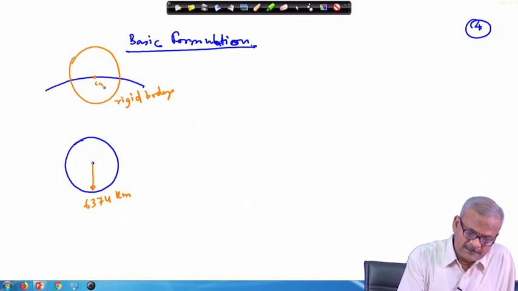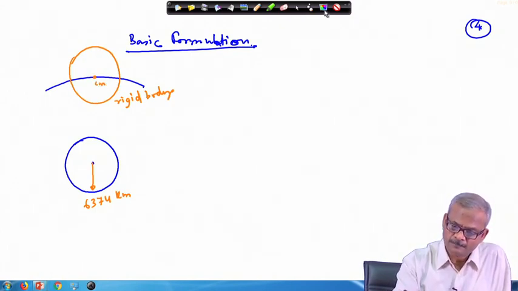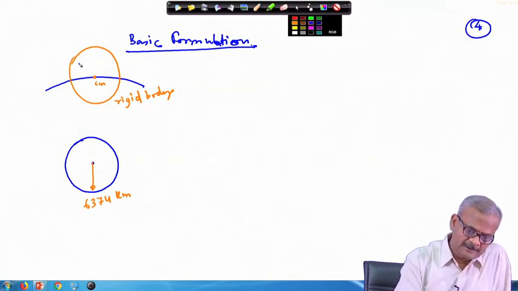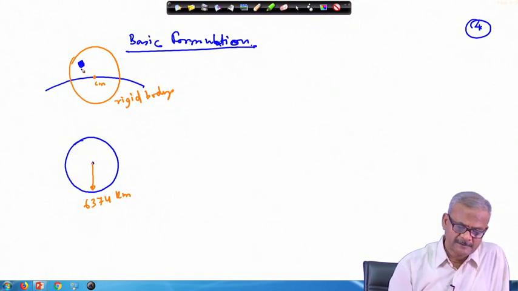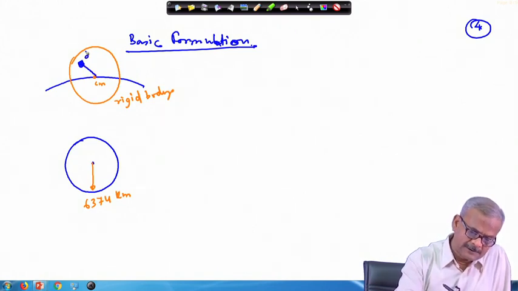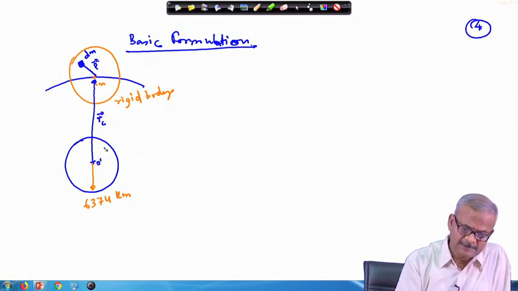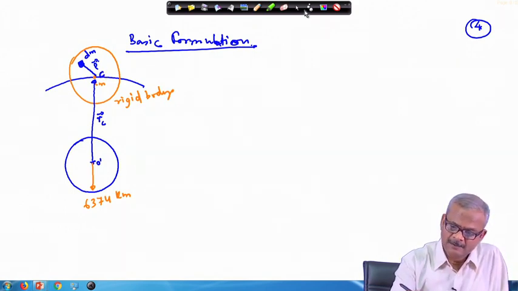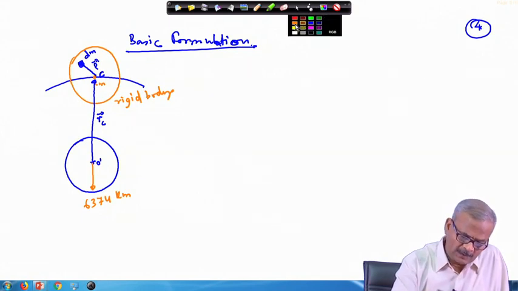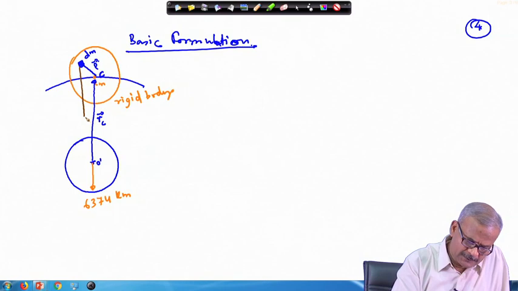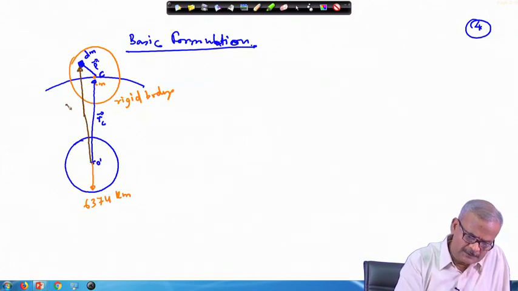So, this is the center of mass of this satellite. We take a small mass inside this satellite and say this mass is d m, this vector we write as rho, and the vector from the center of the earth to the center of mass of the satellite we write as r c. This point we can set as c, and then finally we join the points, and this is your r.